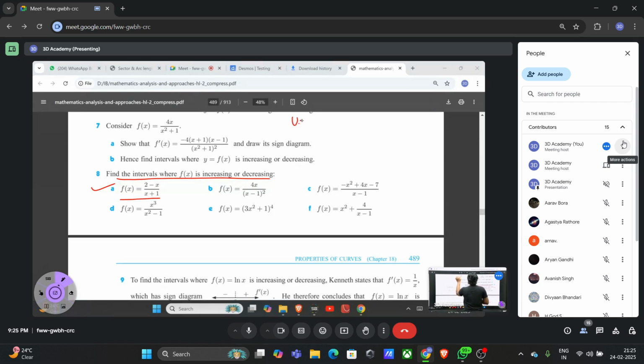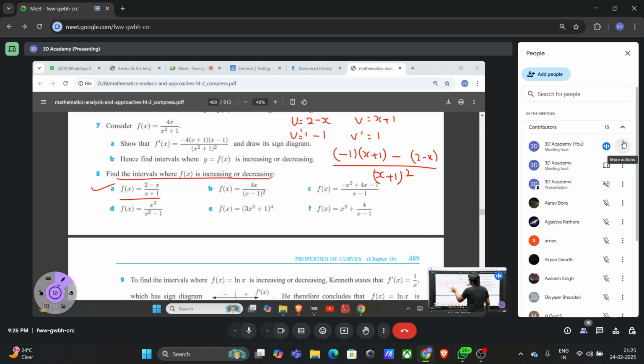So u is equals to 2 minus x, so u dash will be equals to minus 1. v is equals to x plus 1, so v dash will be equals to 1. So quotient rule, u dash into v minus v dash into u upon denominator का square, correct?